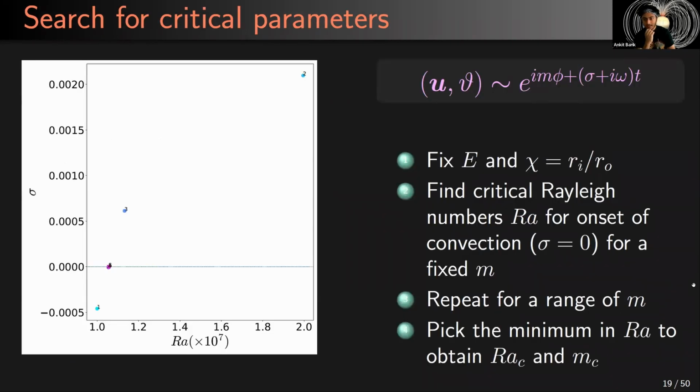Searching for critical parameters is a standard exercise where you fix one Ekman number and radius ratio, and then you basically provide an initial guess for a Rayleigh number, and then you search around it, do a sort of bisection search to find where the growth rate goes to 0.